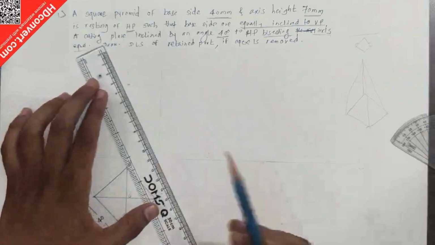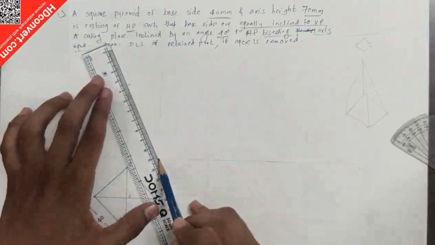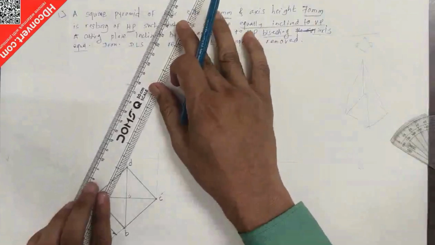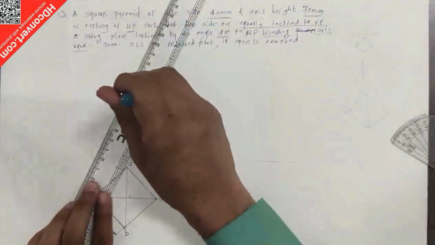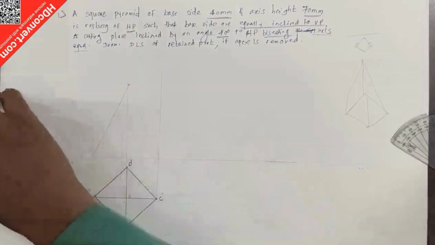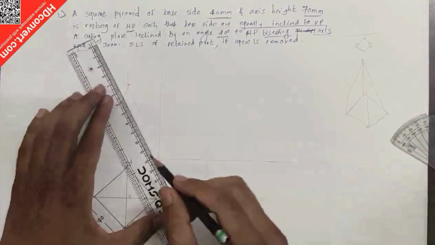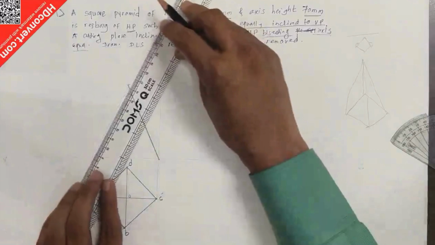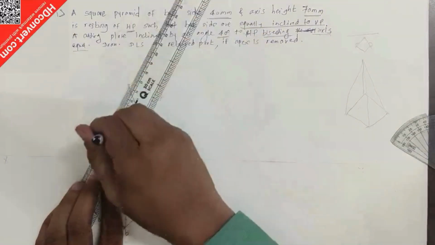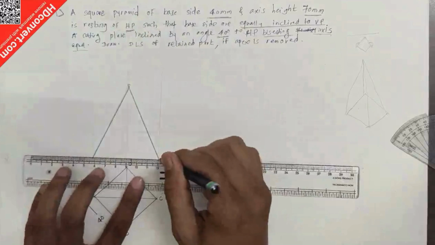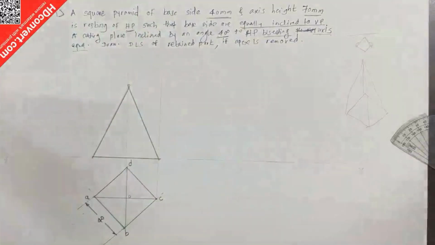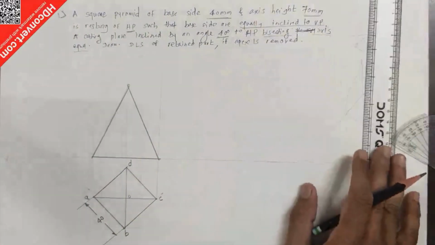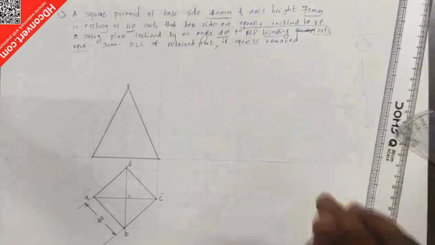Obviously it is a pyramid, and as I discussed earlier, the front view is nothing but a triangle. In this way the front view is also completed, but some conditions are given and we should follow those conditions.